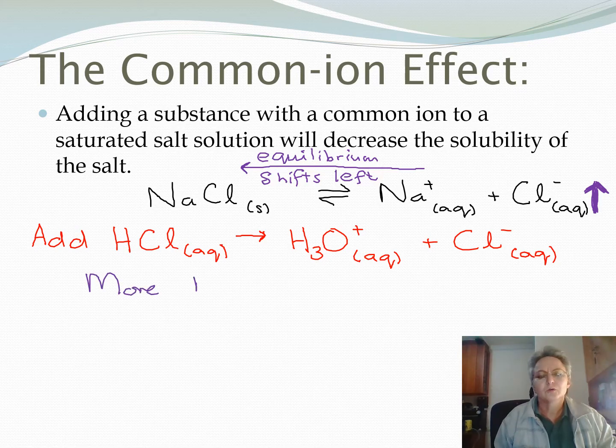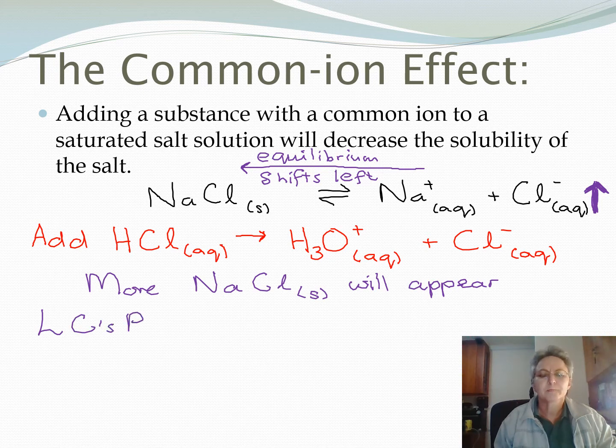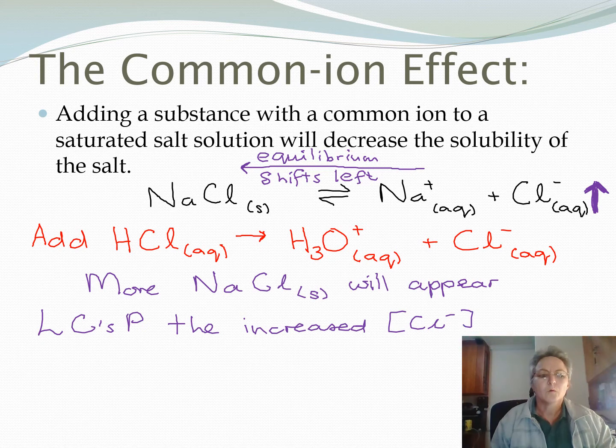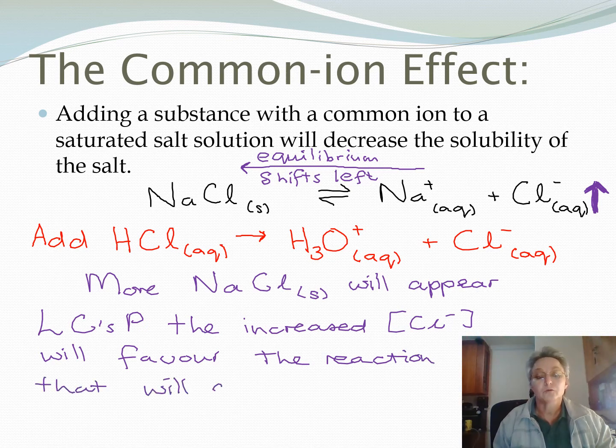More sodium chloride crystals will appear, because according to Le Chatelier's principle, the increased concentration of chloride ions will favor the reaction that will oppose or decrease the concentration of chloride ions.